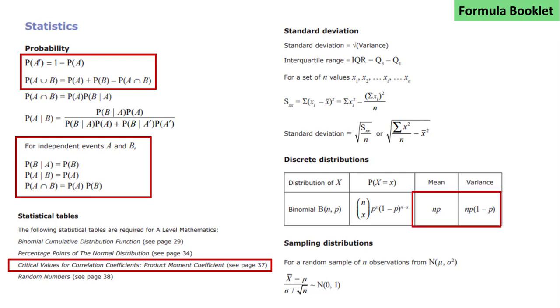We also use the mean and variance of the binomial distribution when we approximated it with a normal distribution. And then also this formula here gives you a hint that the standard deviation of the means when we take a sample of n observations will be sigma divided by the square root of n, the number of observations.